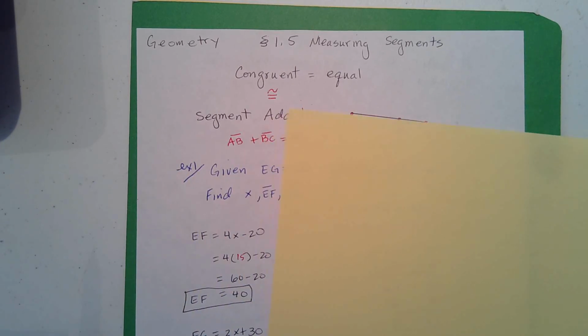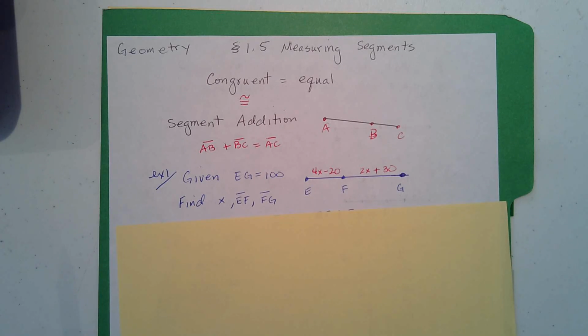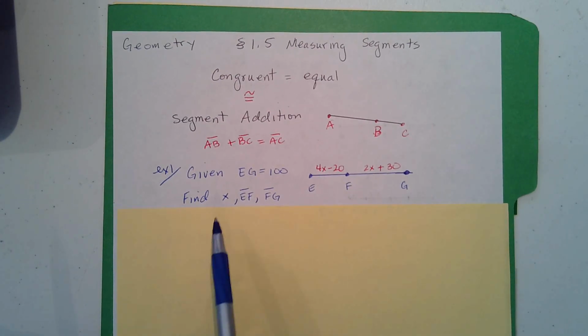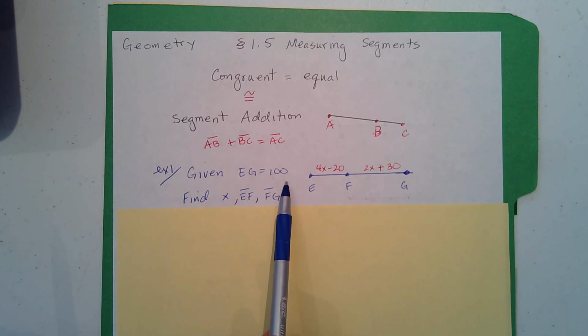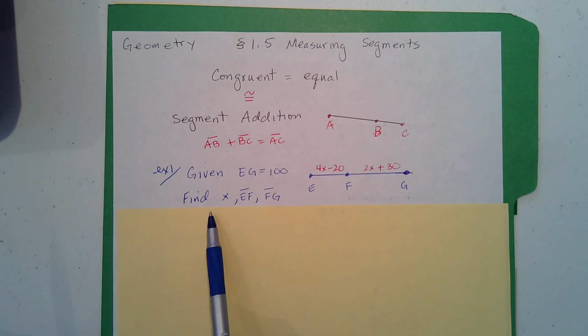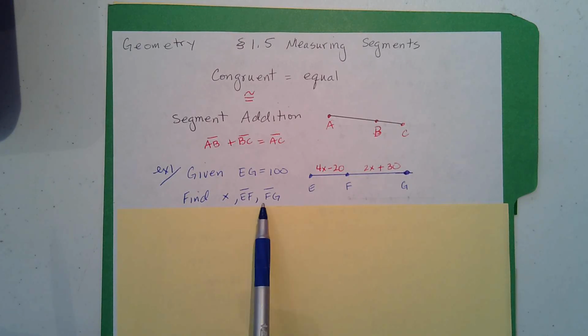Okay, so let's take a look at example 1. Example 1 is given EG is 100. So this entire segment is 100. They want us to find three things: x, the measurement of EF, and the measurement of FG.